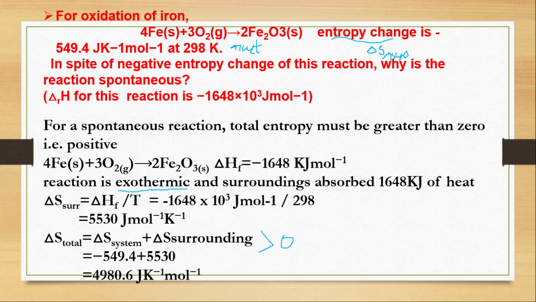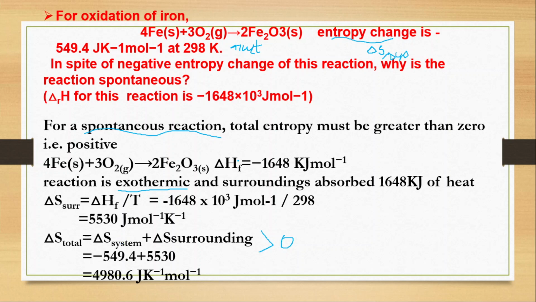Delta S for the system is negative. But for a spontaneous reaction, delta S total should be greater than 0. Even though delta S system is negative, if the total is positive, then it is a spontaneous reaction. Clear? Now, how we are going to get that, we shall see.